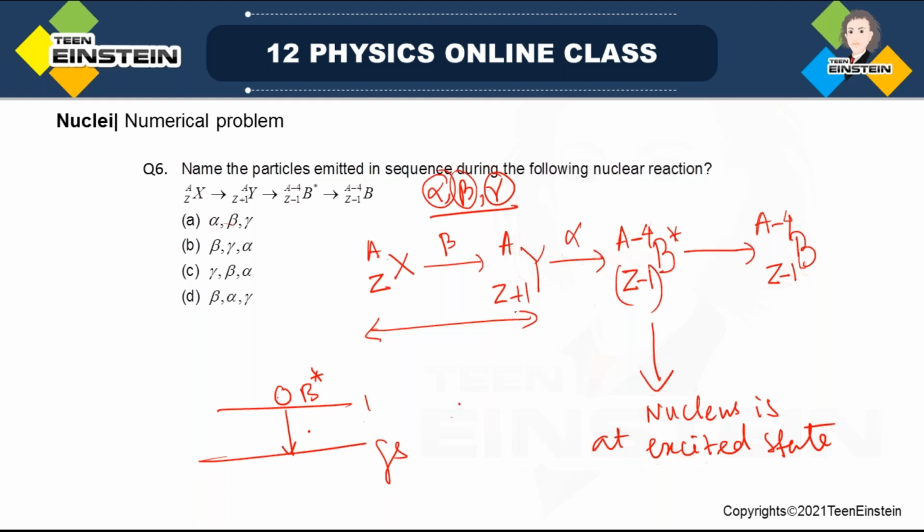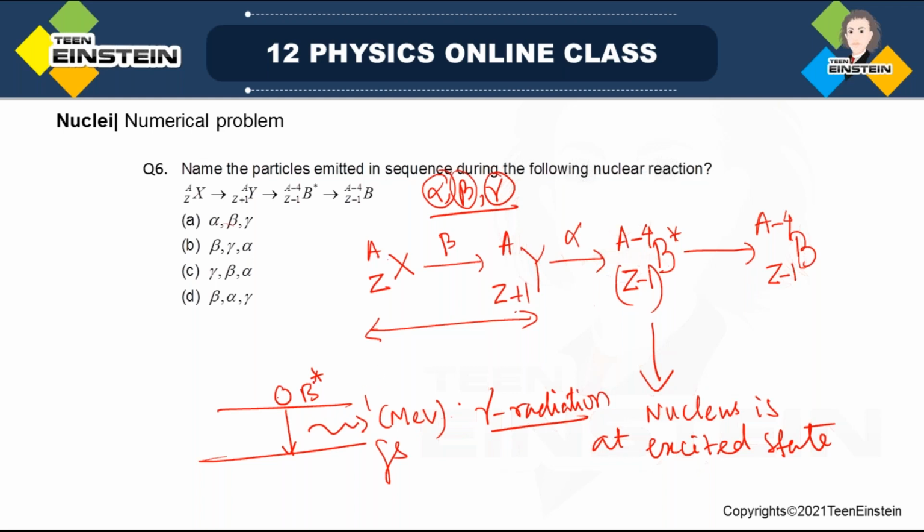So when it makes a transition, it emits radiation of the order of MeV, and this MeV order falls under gamma radiation region. So that's why it is called gamma decay.